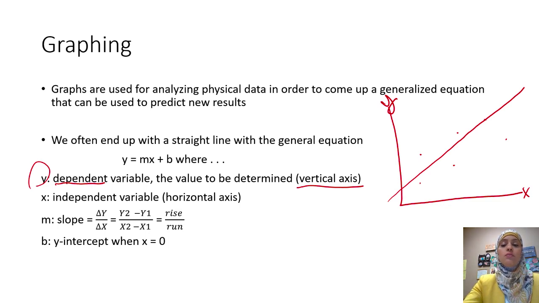To figure out m, which is the slope of the line, you're going to have to do the rise over the run. That usually entails that you take 2 points on the line. I'm going to choose this one here, and then you take another point on the line, let's say right here, okay? And it has to be a point on the line.